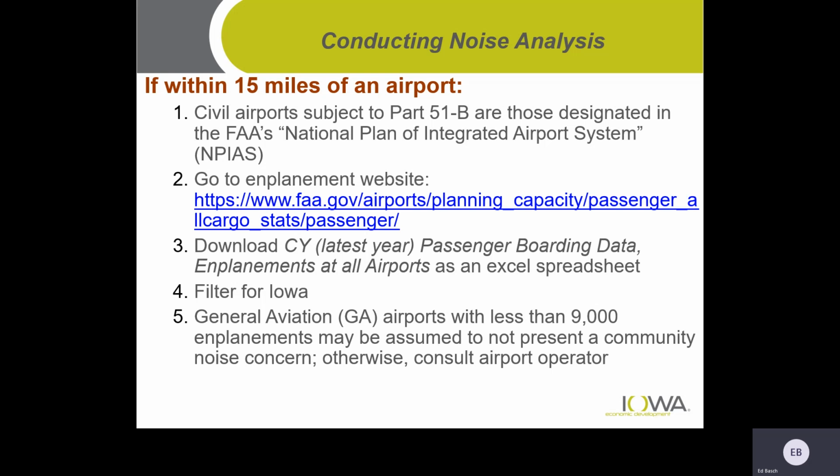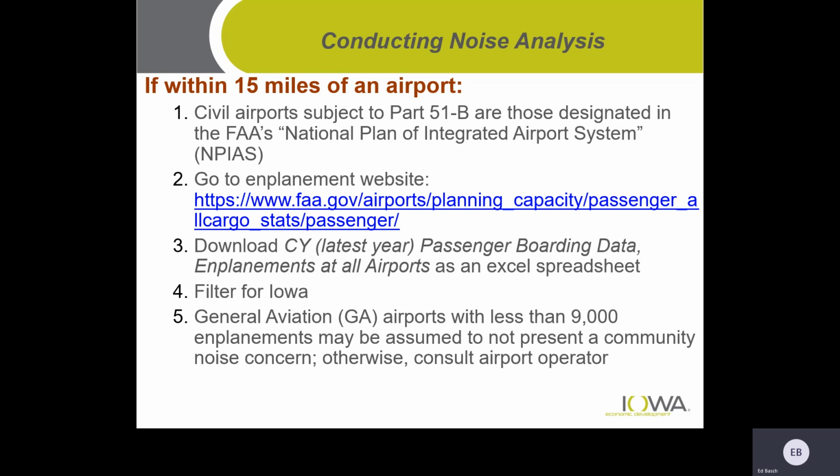You can find what those are by going to the link shown there and filtering for Iowa. If there are less than 9,000 enplanements, I'm sorry, in a year, then you can assume that a community noise concern is not present.